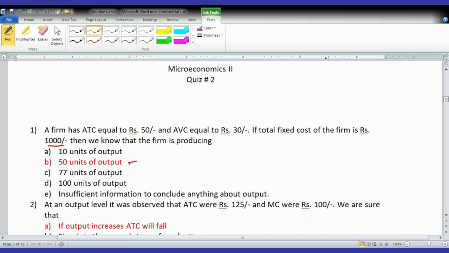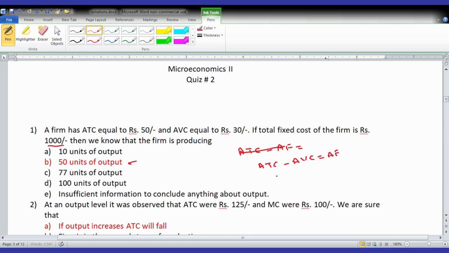So we know that average total cost minus average variable cost is equal to average fixed cost.